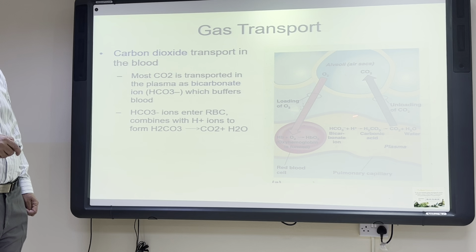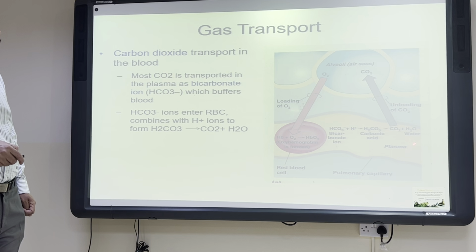The water will remain inside the blood vessels, and the CO2 will go to the alveoli. So bicarbonate plus hydrogen gives carbonic acid. The carbonic acid gives CO2 and water.